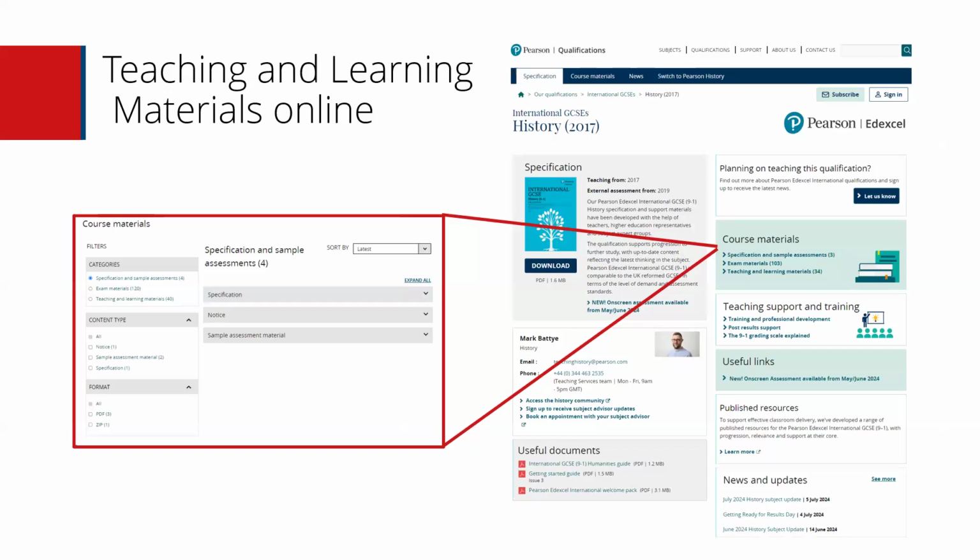And then there's lots of materials online. And last time I did click on these links and show people, you really do need to go and have a good look at the getting started guide, look at the specification, look at the sample assessment materials. And if you've got any questions, Mark Batty's information is here to help you as well.